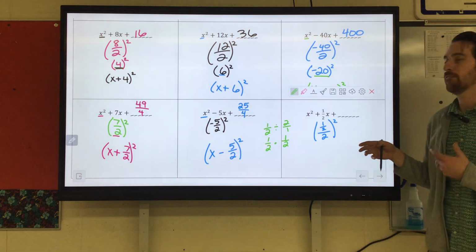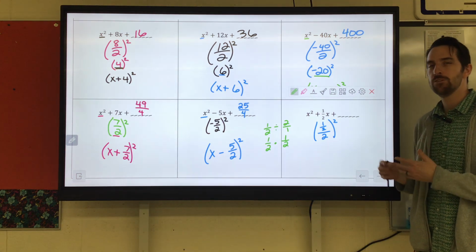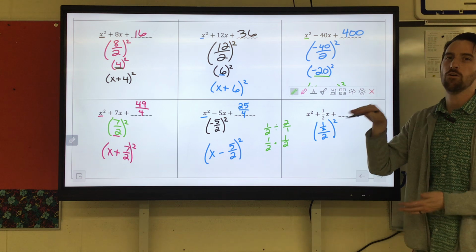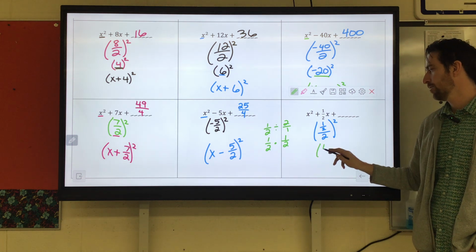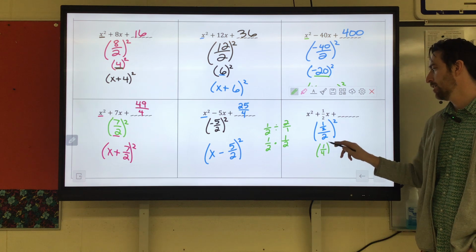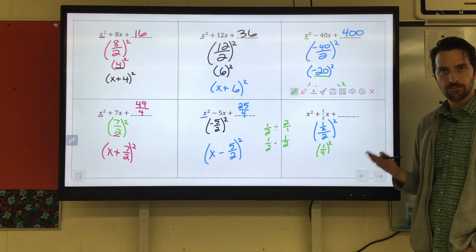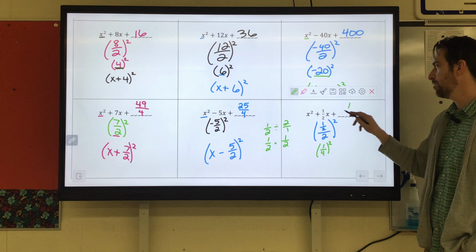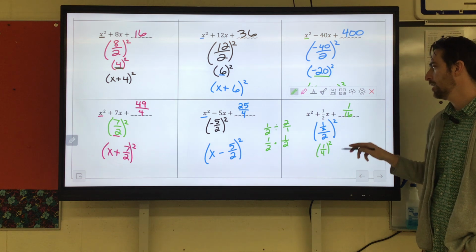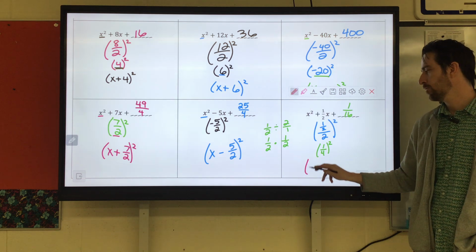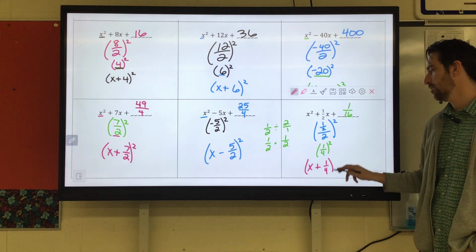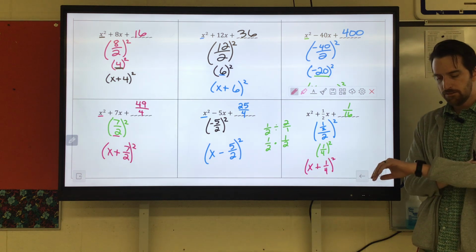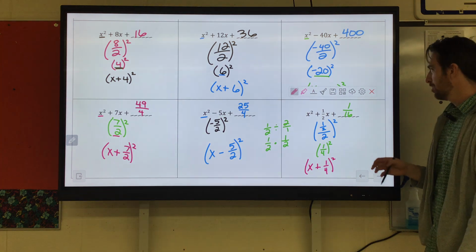So really, if you had a fraction and you had to divide by 2, you could also multiply by 1 over 2. So this would give us 1/4. And then we're going to square that. Square each part. 1 times 1 is 1. 4 times 4 is 16. Writing that in factored form would be x, and it was positive 1/4 squared. All right, okay. We're cruising now.